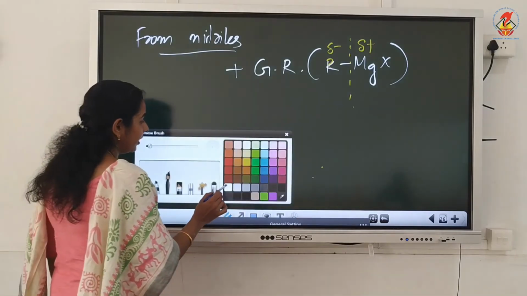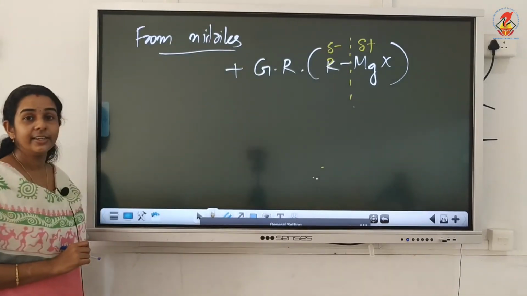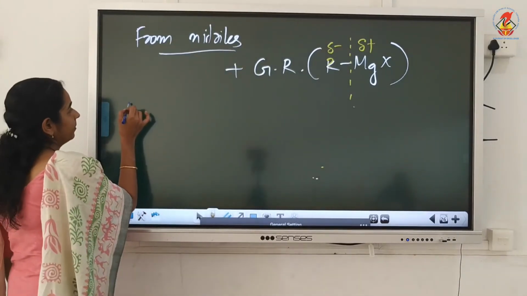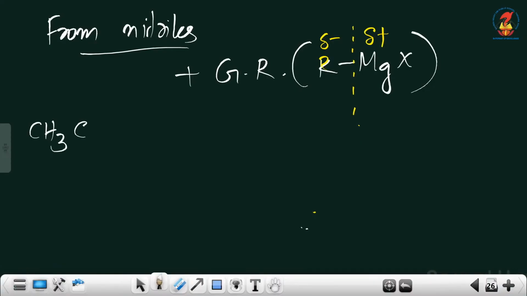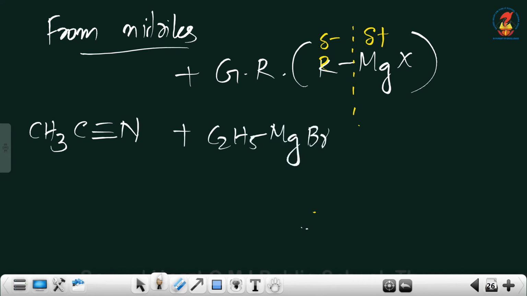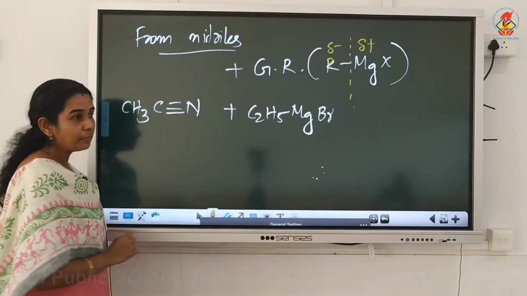Now the reaction between cyanides and Grignard reagent. For example, CH3CN. How is the cyanide group written? C triple bond N. It is reacting with C2H5MgBr. You know how to write the polarization. How is the polarization of the CN bond?